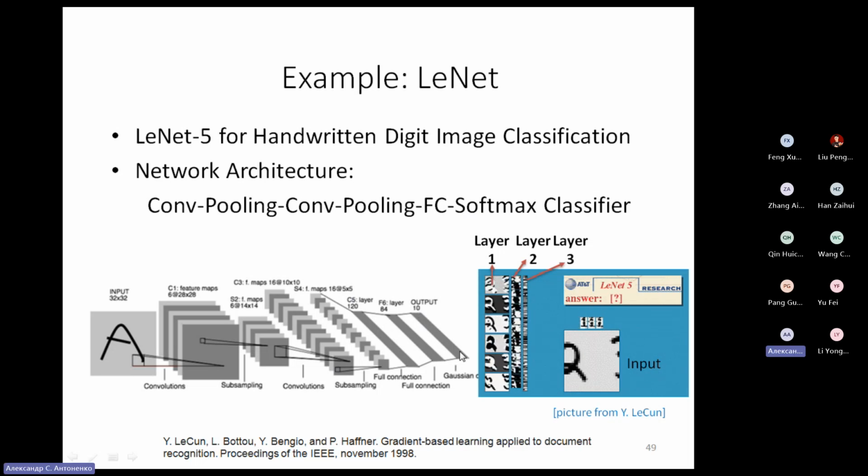So 10 numbers, 10 probabilities of each category from 0 to 1, and their sum is equal to 1. So this is the simplest architecture by LeCun, Bottou, Bengio, Haffner. It's quite an old architecture, very simple, but it works.